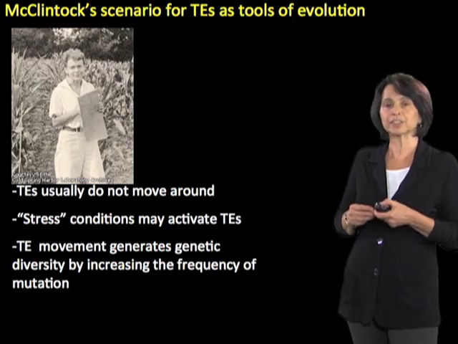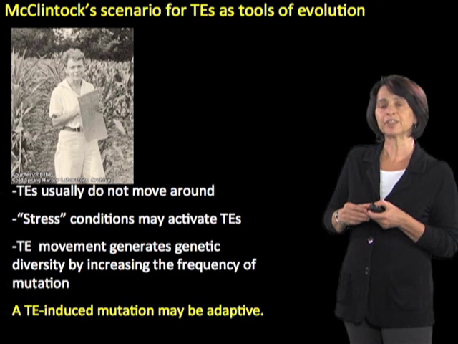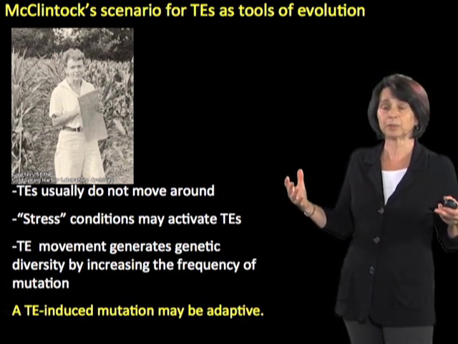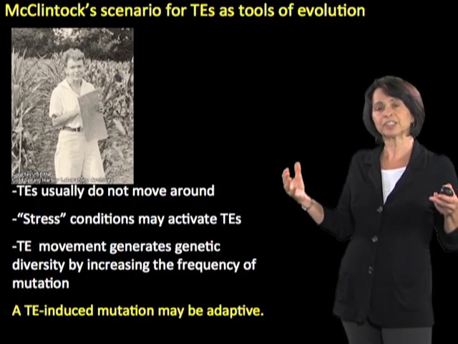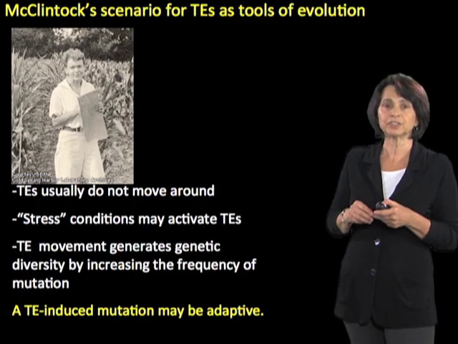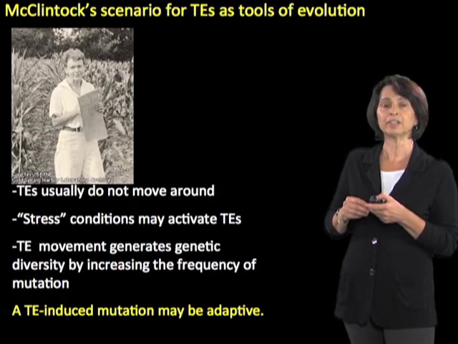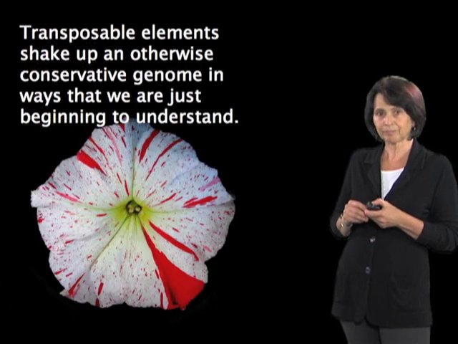And it'll do this by increasing the frequency of mutation. So what we end up with is a population that is now more diverse because of the movement of transposable elements. There are new mutations in that population, and it's possible that some of those new mutations may be adaptive, may help the population survive this dramatic change in climate or whatever.